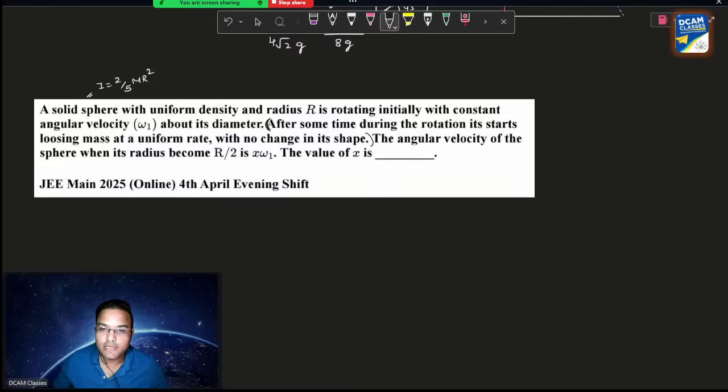This line. But this line has actually no relation with the solving of the problem. They have given it only to scare the students. Yes, exactly. They have given this only to scare you.